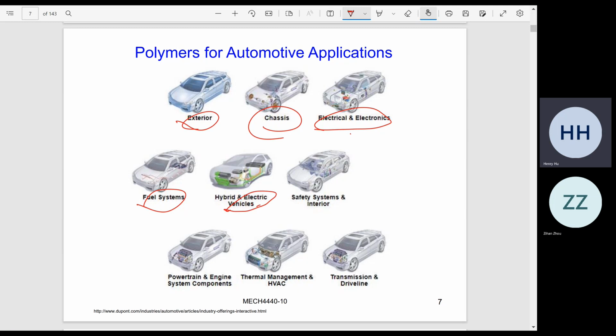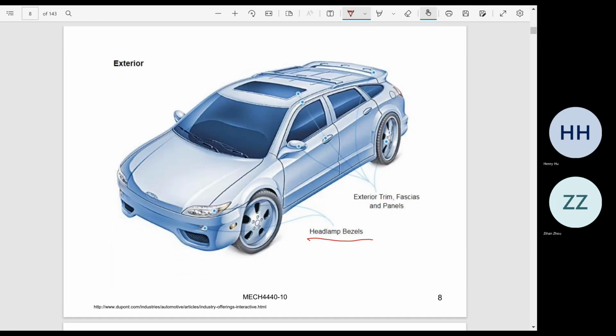They also use a lot of polymers over there. Safety system, interior, and a powertrain engine for the gas powered vehicles, and the thermal management and HVAC, okay, and the transmission and drive lines over there. Okay, a lot of application.